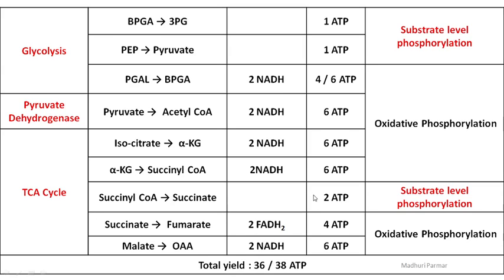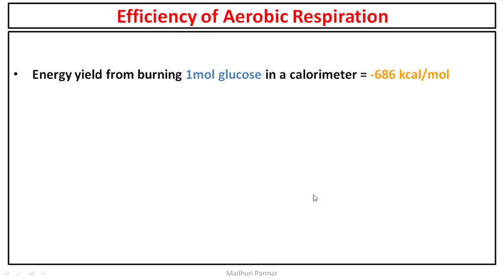Fine. Now the final topic for today's lecture, finding out the efficiency of aerobic respiration. Remember, we had found out efficiency of anaerobic respiration as well, and we found out that it is only 2% efficient. So from one whole molecule of glucose, we are only getting 2% of its energy.